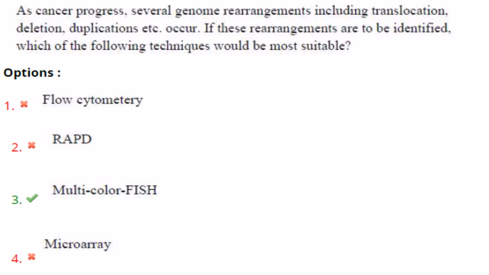Then the next one: as cancer progresses, several genome rearrangements including translocation, deletion, duplication, etc. occur. If these rearrangements are to be identified, which of the following techniques would be most suitable? It is multicolor FISH, or multicolor fluorescence in situ hybridization.